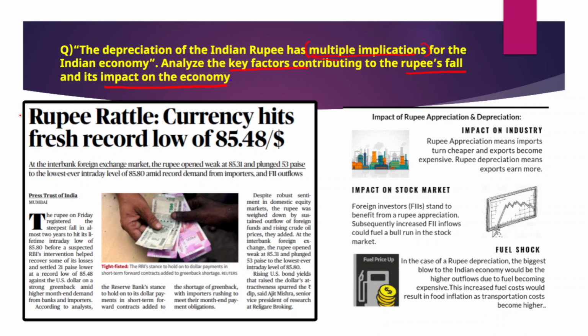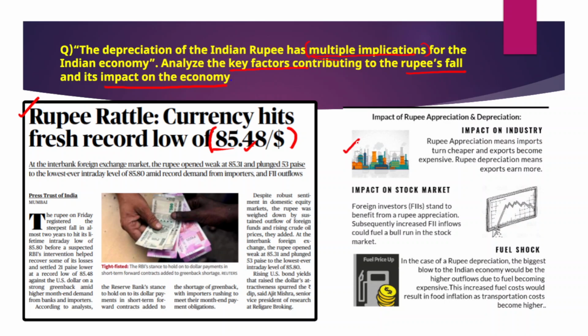Now you can see this news article, that is, Indian rupee hits a fresh record low of 85.48 per dollar. Right, so this is the new low that Indian rupee has registered, and this indicates that Indian rupee has been depreciating.